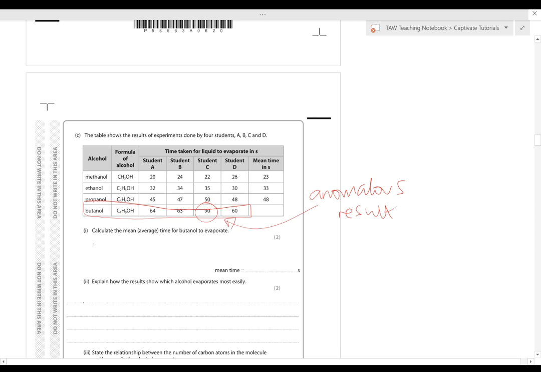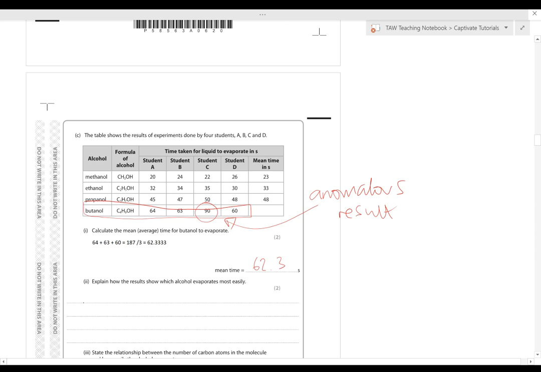So we ignore that one and we just use the values of 64 plus 63 plus 60. And now there's three values, so we divide that by 3. And that gives us an average of 62.3.